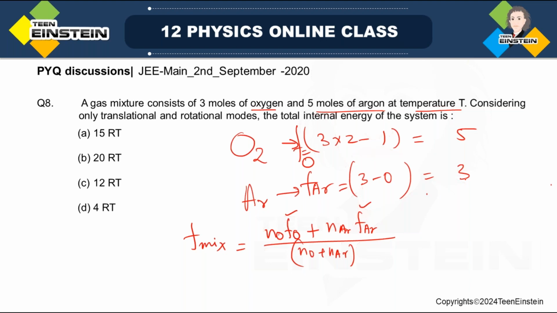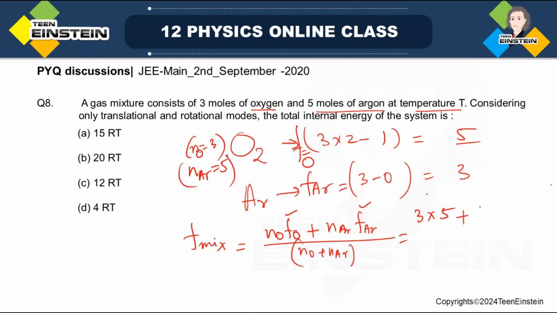Now oxygen has 3 moles, so N oxygen is equal to 3, and N argon is actually 5, given. So let us put it here. N oxygen is 3, and 5 is the degrees of freedom of oxygen.